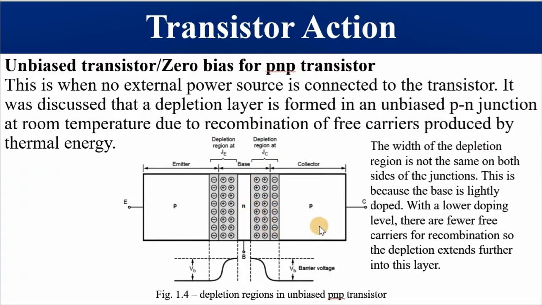But as usual, because the base is slightly doped, regardless of the type of material, the depletion layer is spread more into the base than into the collector or emitter, for the same reason as in NPN. Another change here is that the potential is decreasing in the opposite direction, hence this shape, and this is the barrier voltage, as you can see. So that's insofar as the unbiased PNP BJT is concerned.